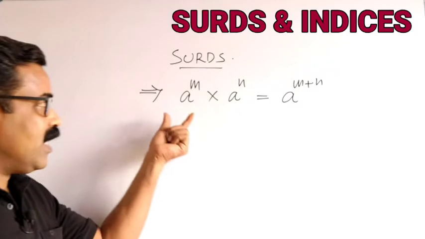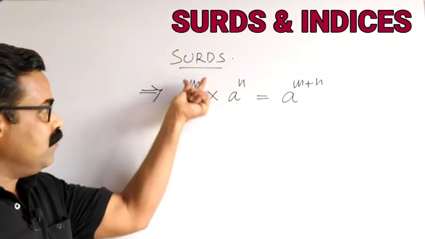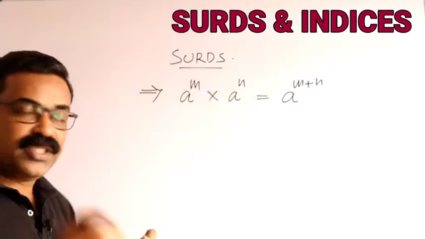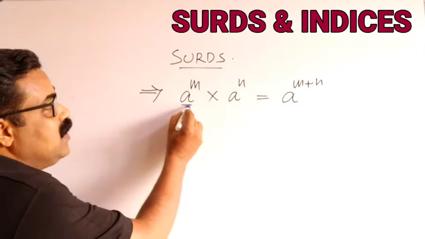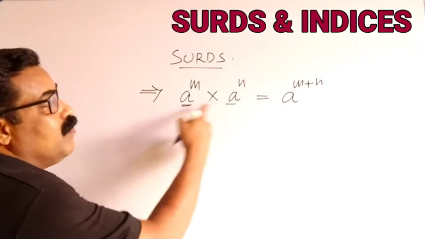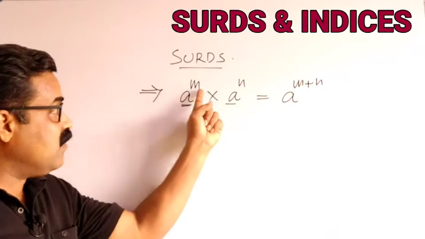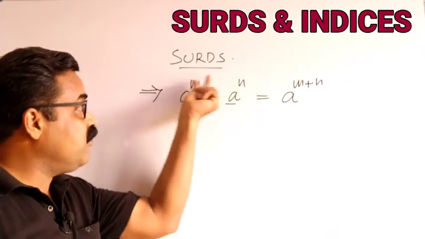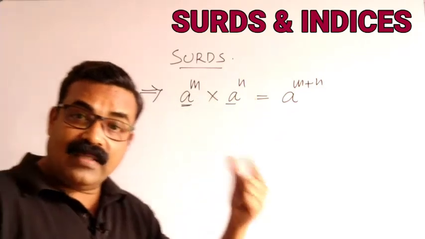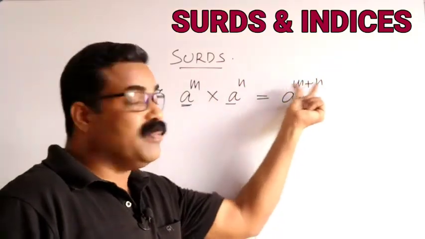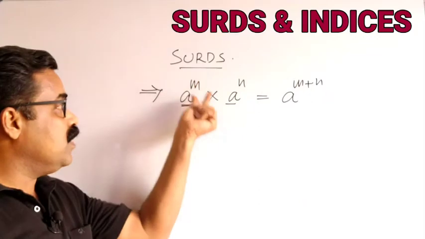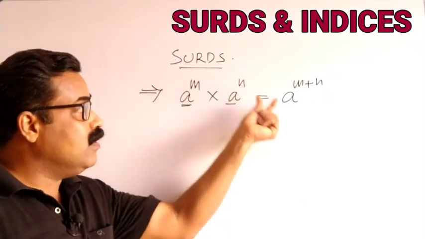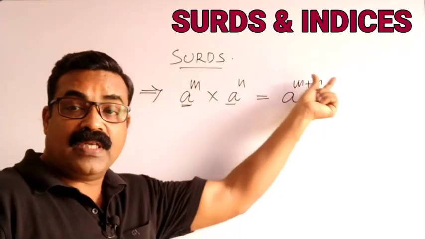Here, a power m, a power n: the base a is the same and the powers are different. When we have the same base with different powers, the final answer is obtained when you add the powers. So a power m into a power n gives a power m plus n.